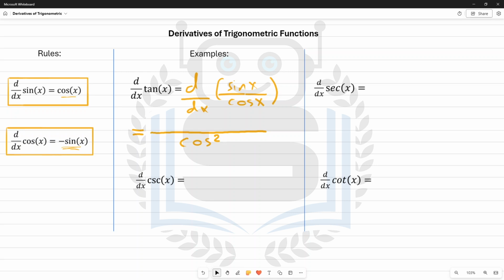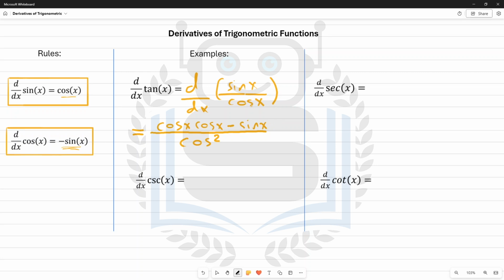and then the denominator, cosine x, times the derivative of the numerator, which is cosine x, minus the numerator, which is sine x, times the derivative of the denominator, which is cosine x.